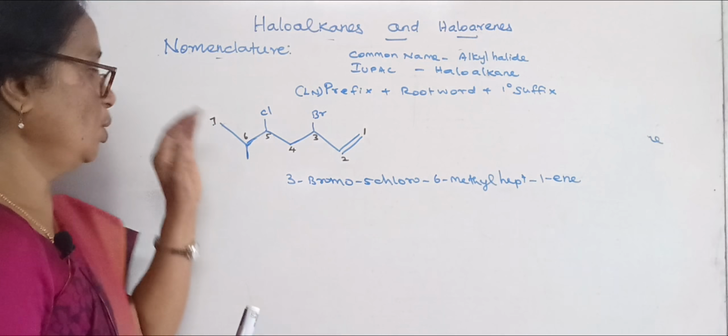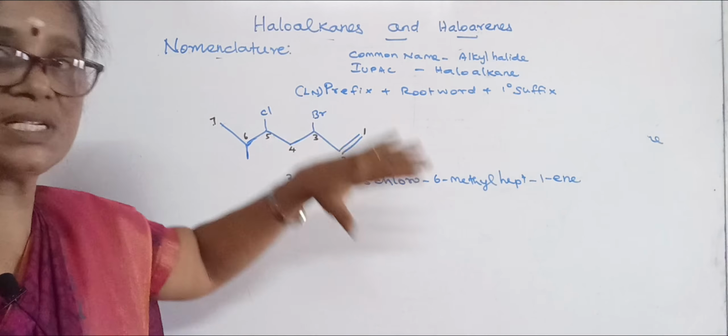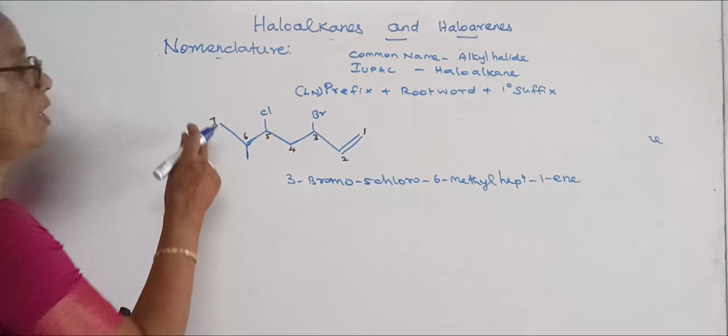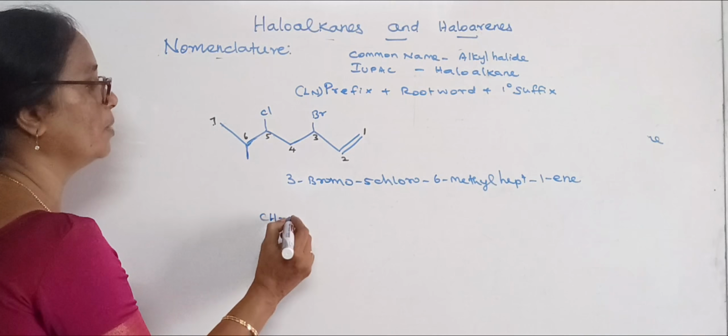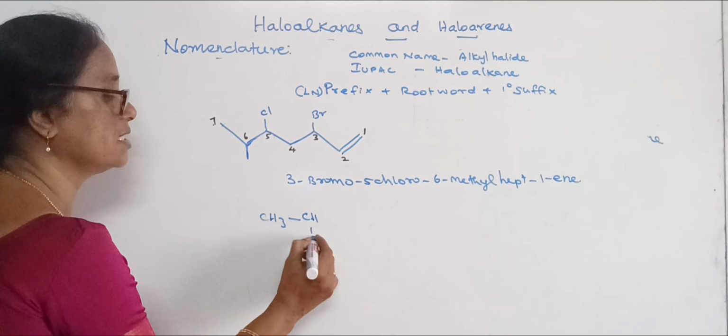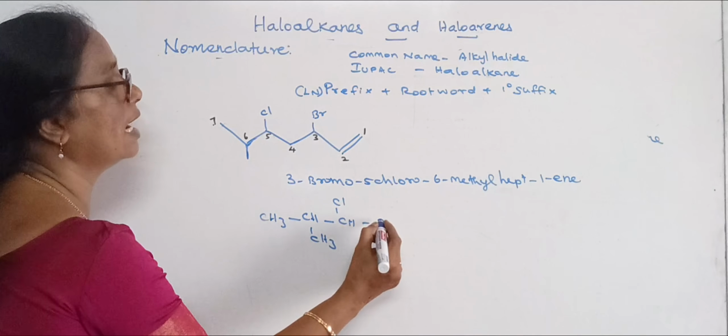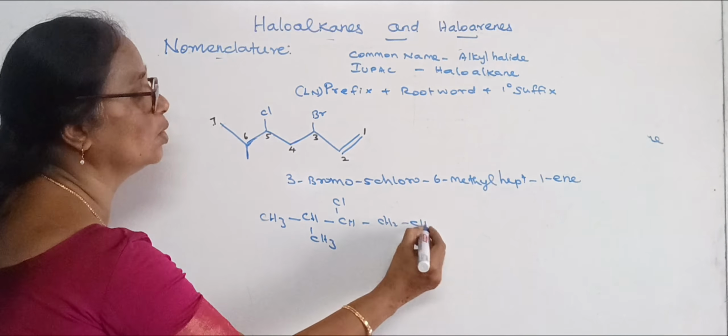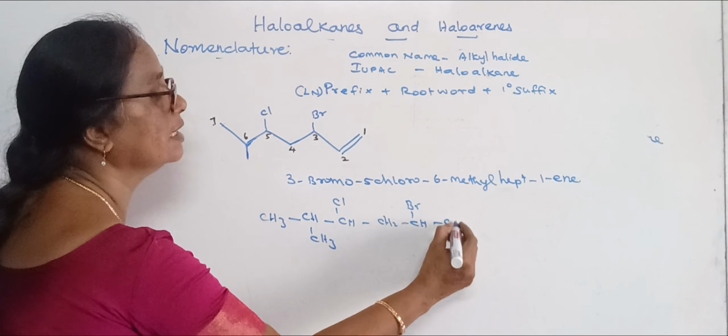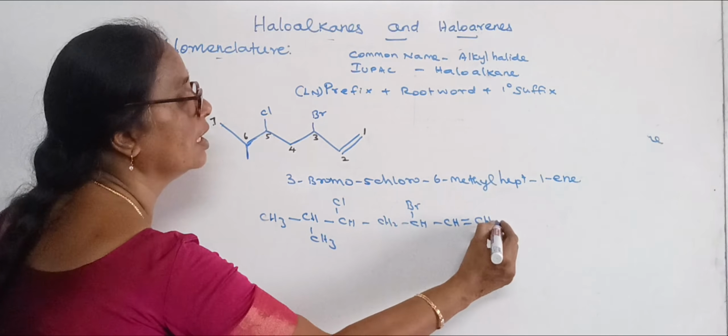Or else you have to write the proper structure of the compound. How to write? This is the CH3 group, and in this I have CH with CH3. This is CHCl and another one I have CH2, then CHBr, then CH double bond CH2.